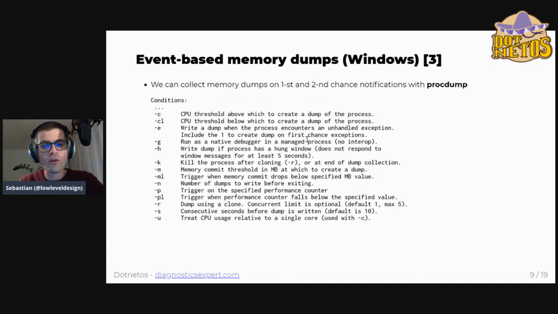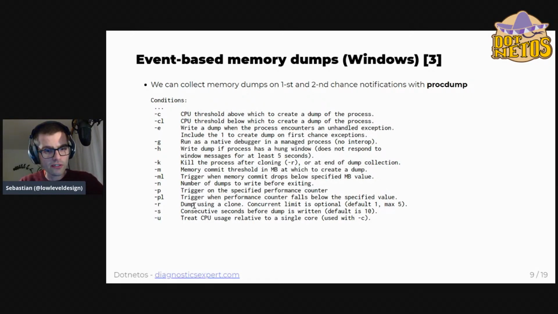But of course, all other types of memory dumps are also available, and we can even write our own callbacks for ProcDump. And apart from those CPU and memory committed counters, we can also use other performance counters when triggering a memory dump. And ProcDump is also aware of .NET processes, so we can switch the engine that ProcDump will use for collecting the memory dump.